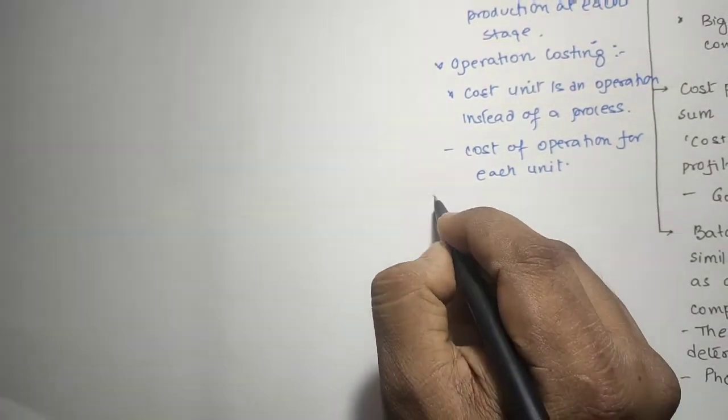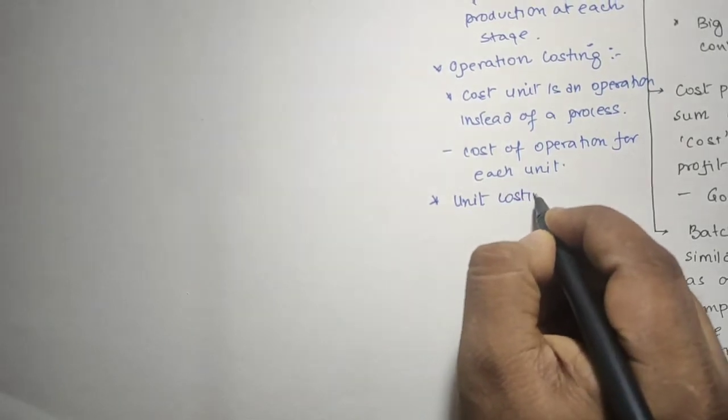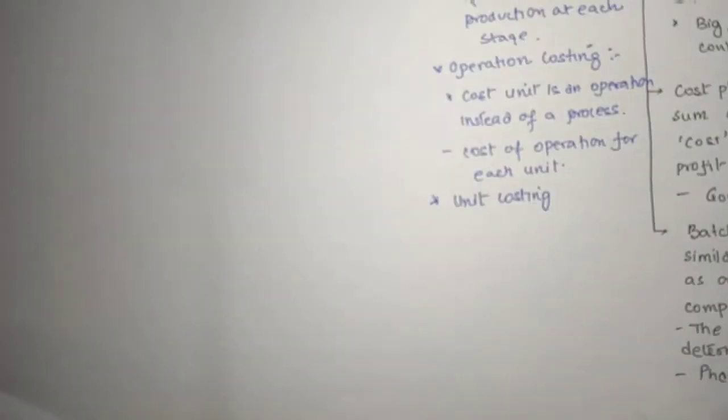Next we have unit costing. Unit costing is also known as output costing or single costing.